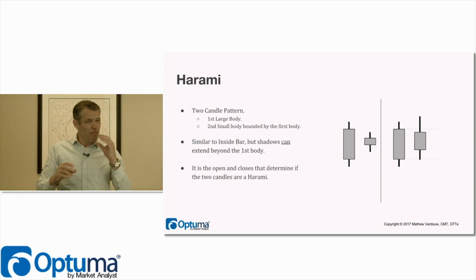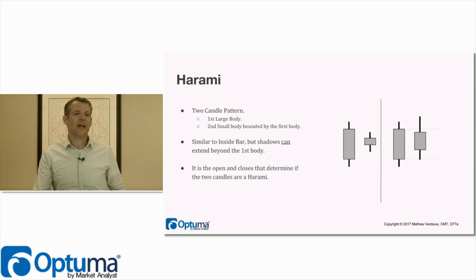So we're looking at the body of the second candle to be within the range of the first candle. And so it's always the open and close whenever we're doing candlestick analysis like this. You can see on that second case there, we've just got the dotted lines. It doesn't matter what the shadows, or the whiskers, do, but it does matter about the body.